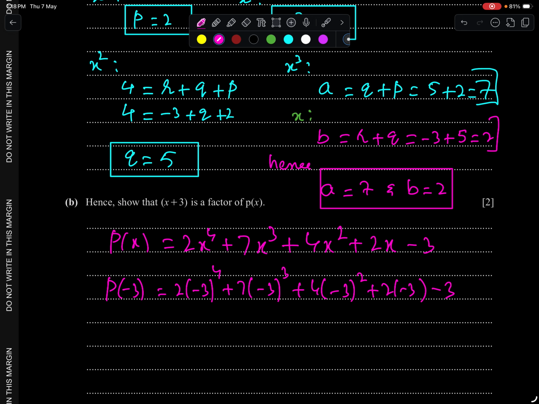So use calculator. So 2 times 3 to the power 4, the negative is cancelled by the even power. This is 162. 7 times 27, this is negative because of odd power. 7 times 27, this is 189. 9 times 4, 36, minus 6, minus 3.